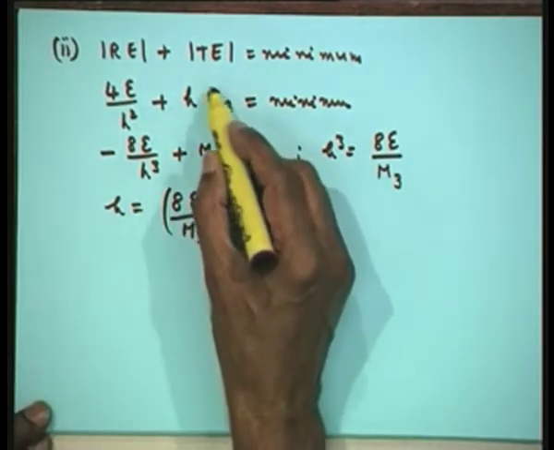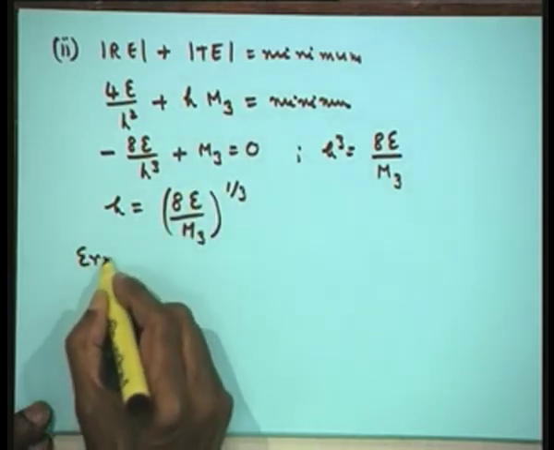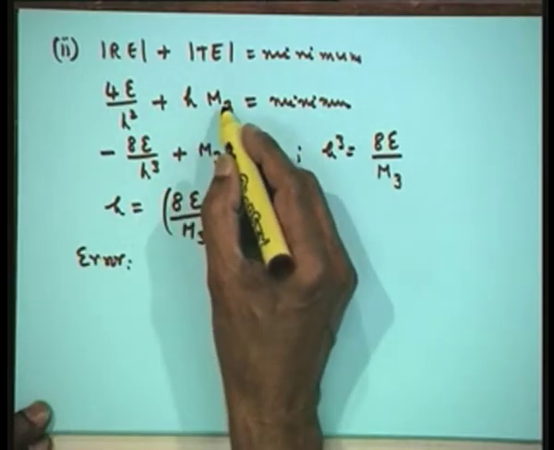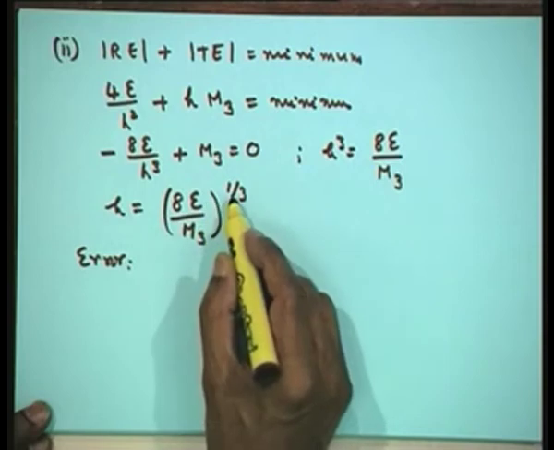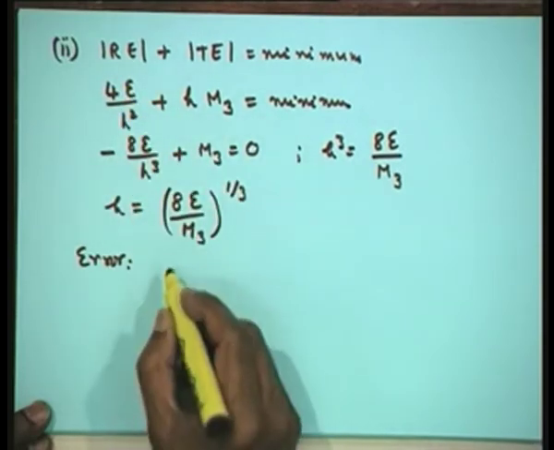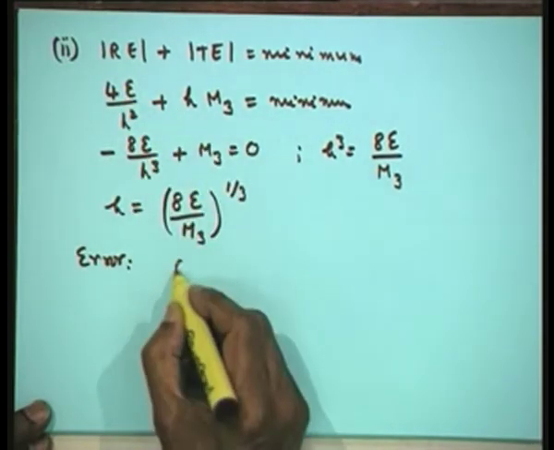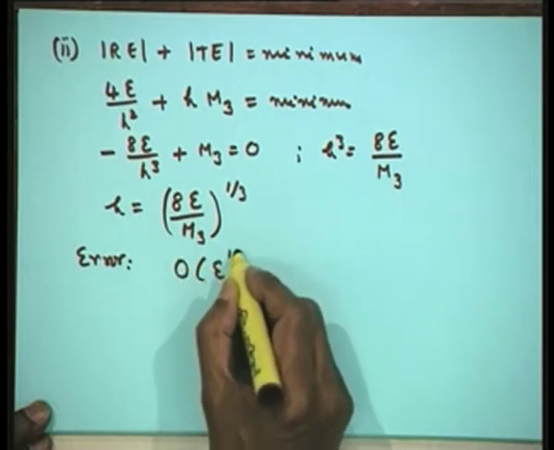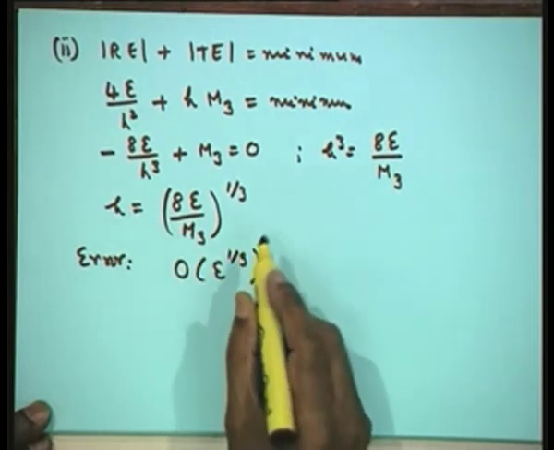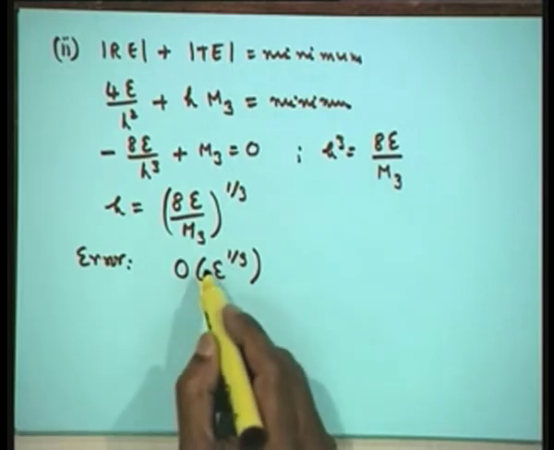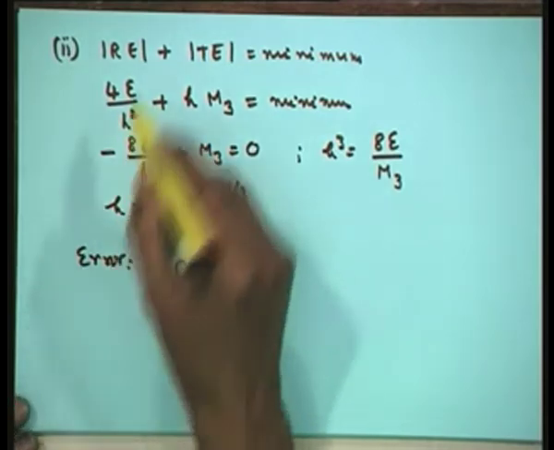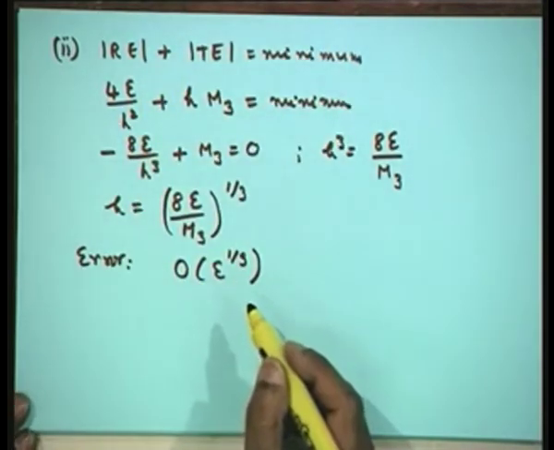Now, we can find what is the total error. This is h times m 3, so this is simply epsilon to the power of 1 by 3, and this is also epsilon to the power of 1 by 3. Just sum them up, and again I have epsilon to the power of 1 by 3, except that the constant multiplying this factor is different from what we had in the previous example.